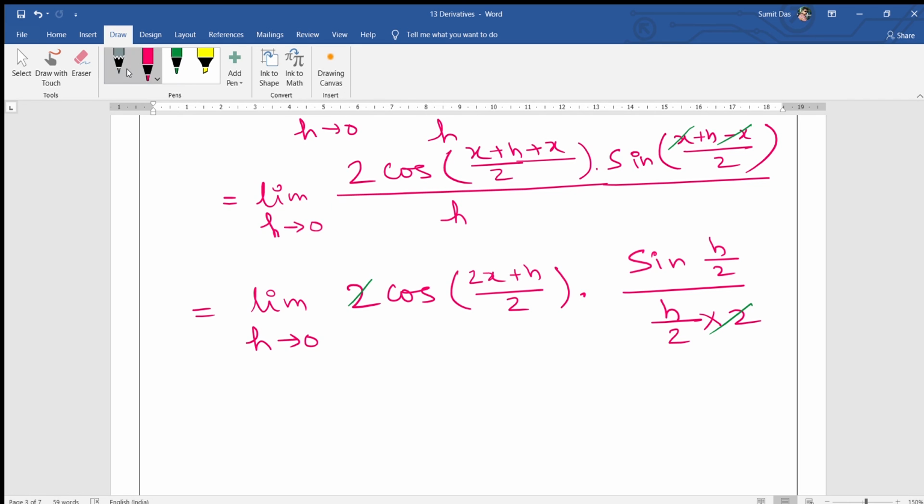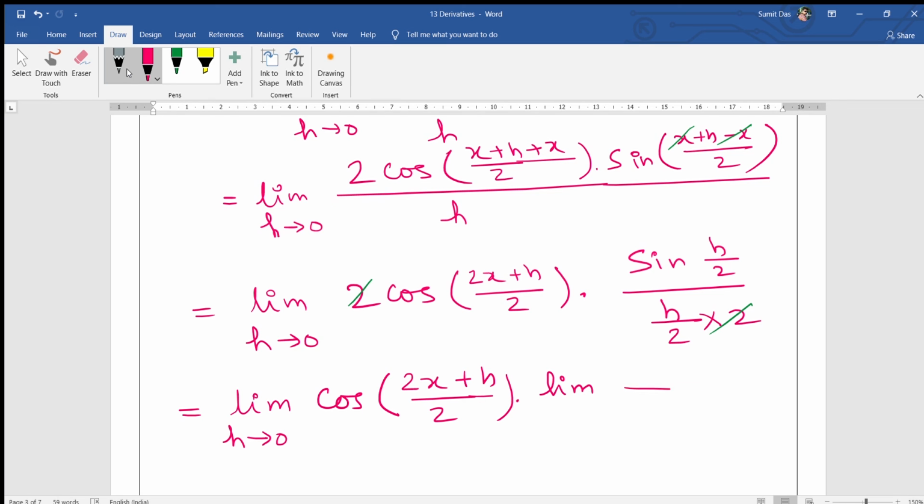Okay, so next line I will use the algebra of the limit. So it will be limit h tends to 0 cos (2x plus h) by 2, into limit, I'll write the tends to later. Here I'm writing sin h by 2, and here I'm writing h by 2 tends to 0.